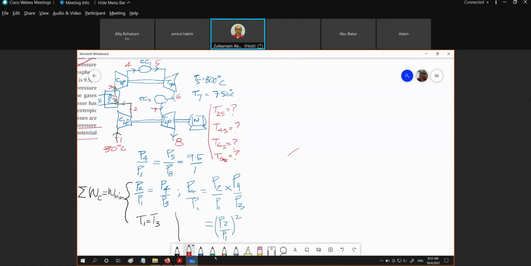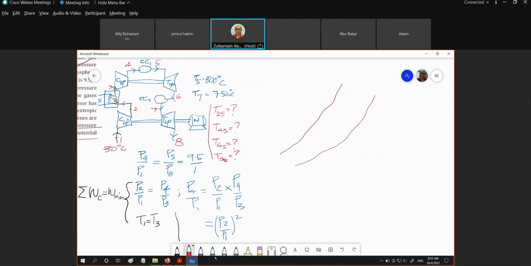Sorry, this is our overall pressure ratio. We have 2 intermediate pressures. When you sketch these 2 intermediate pressures, be careful.